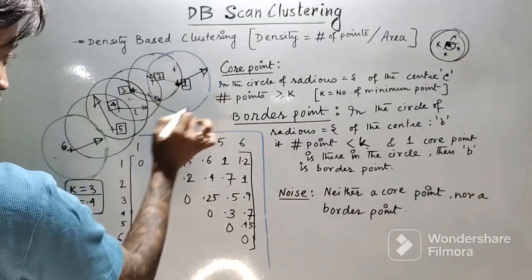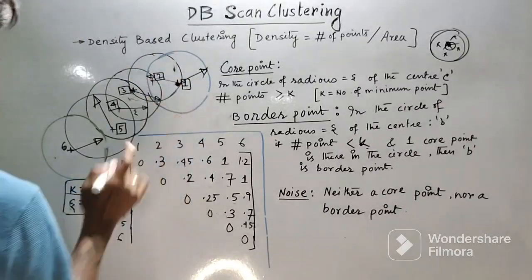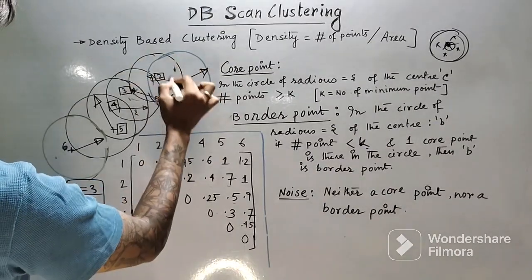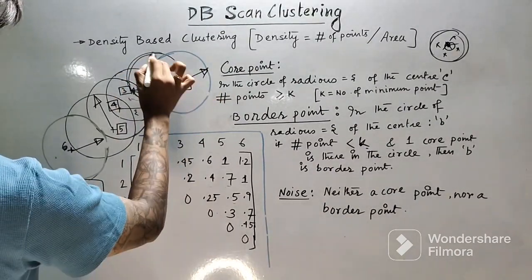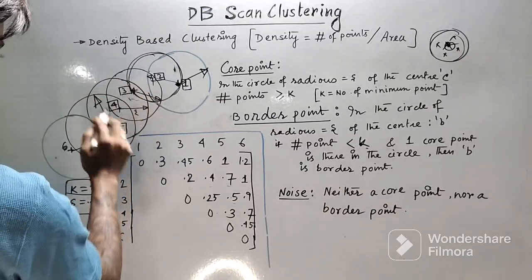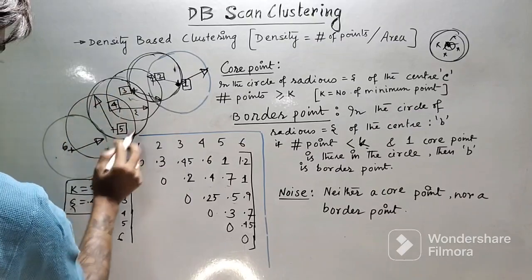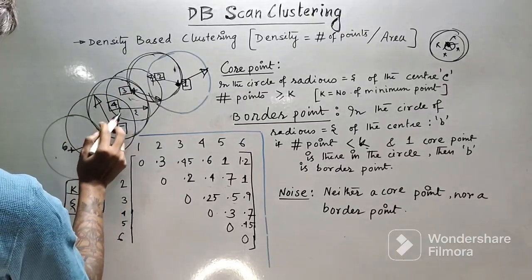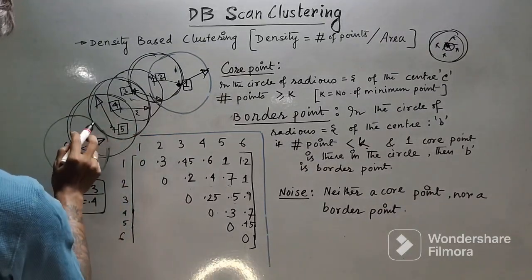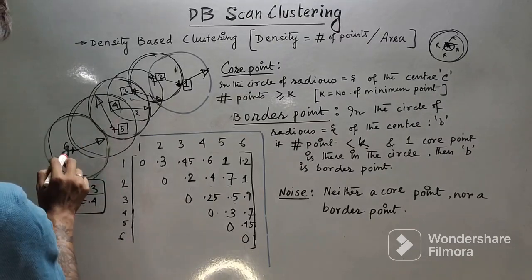So the number of points in this circle is 2. For the next circle the number of points is 3, and for this also 3, for 4 that is also 3, for 5 that is 4, and for 6 only 6 itself is there.